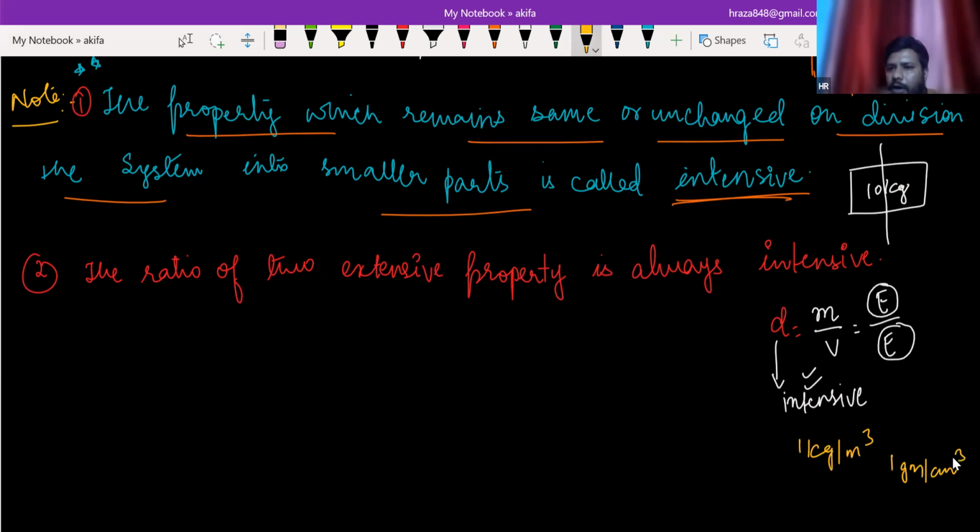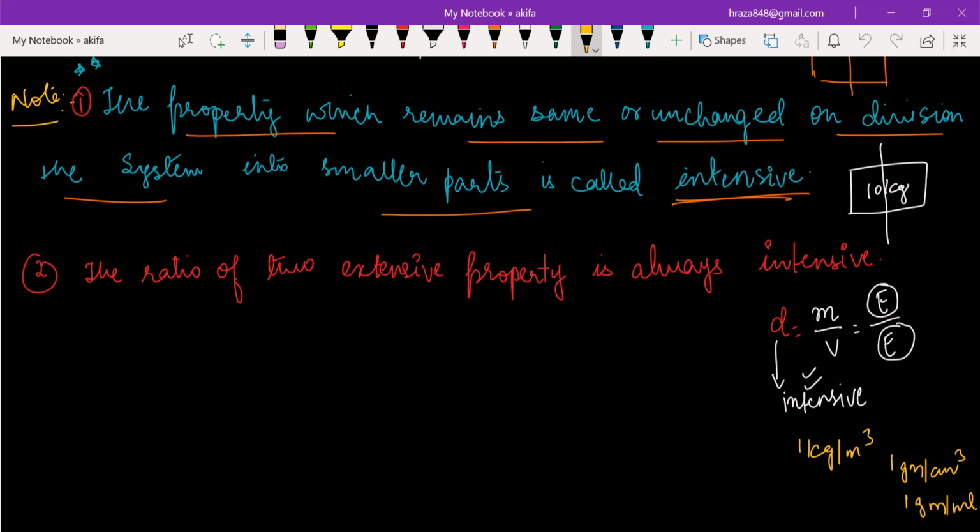The density of water in a bucket is 1 gram per ml, and the density of water in a pond is also 1 gram per ml. So if you divide the pond or the bucket into two parts, equal or unequal, the density will remain the same. Got it? If you have any doubt, please ask me.